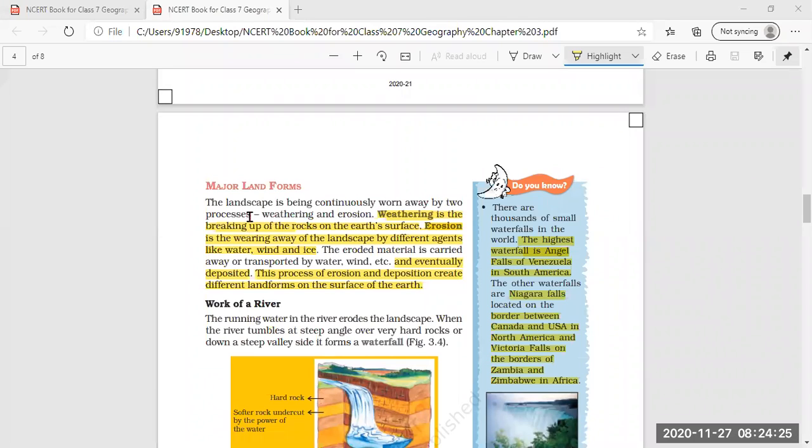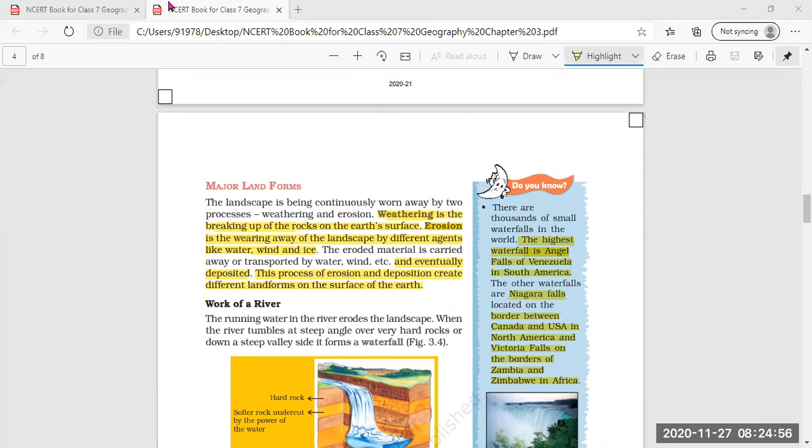Now what does the word landscape refer to? The landscape refers to all the landforms, such as mountains, plains and plateaus. These landforms are continuously disappearing, becoming thinner or smaller.